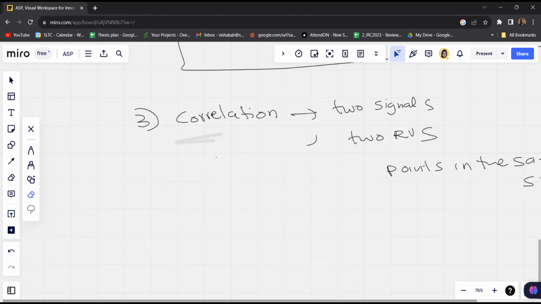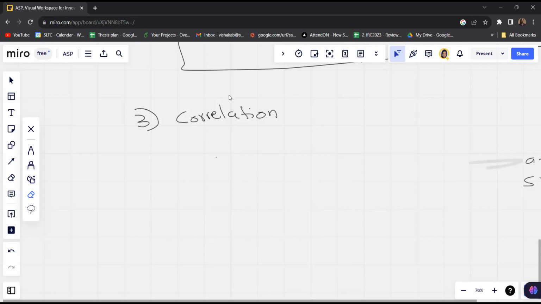So as I said before, correlation is the similarity between two signals. I cannot say exactly that it is a similarity, because here we are basically focusing on the linear similarity, right? We will get into that next time, but we are going to be focusing on whether there's a linear similarity between the two signals.